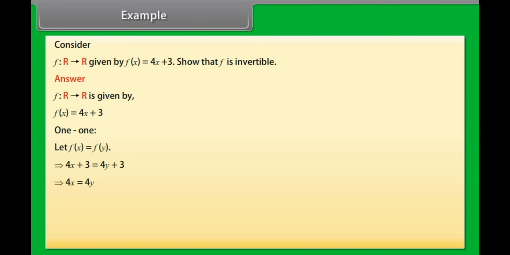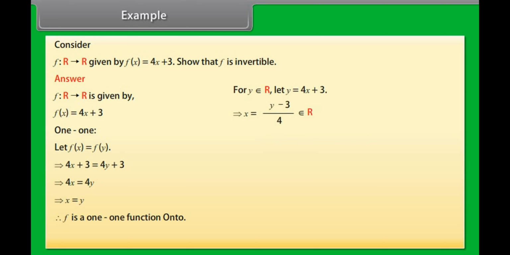It implies that 4x is equal to 4y. It implies that x is equal to y. Therefore, f is a 1-1 function. Onto. For y belongs to R, let y is equal to 4x plus 3. It implies that x is equal to (y minus 3) upon 4, which belongs to R.